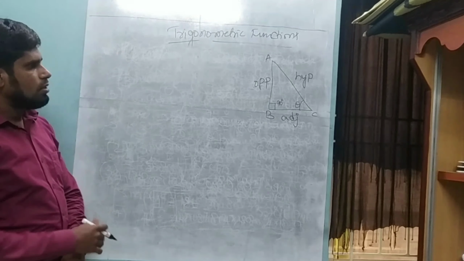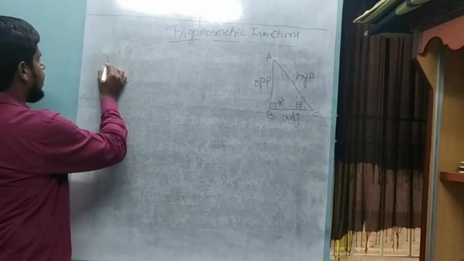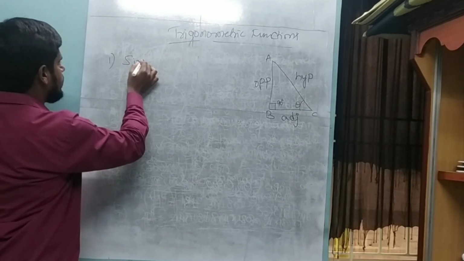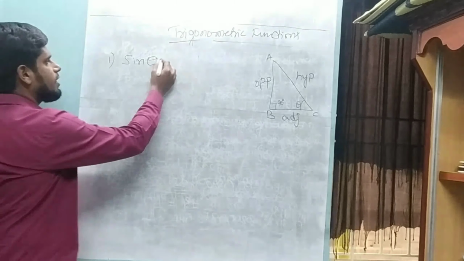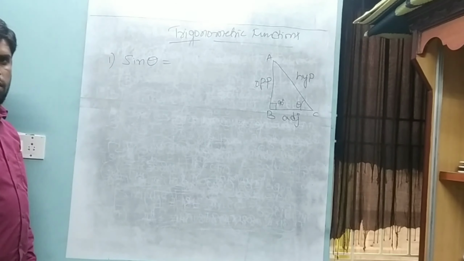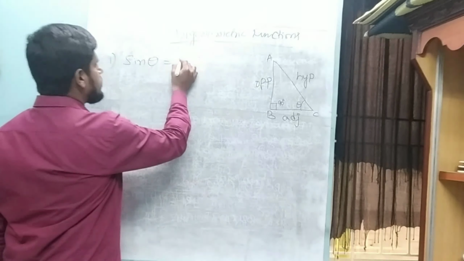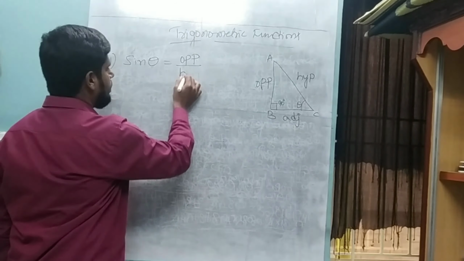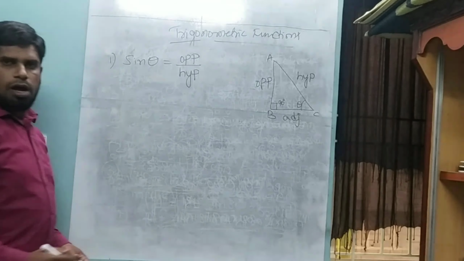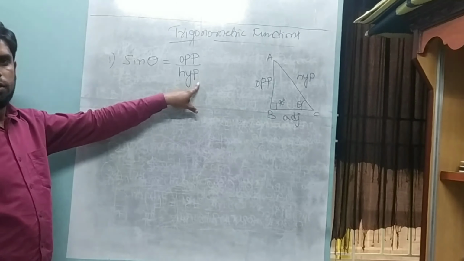So students, after studying this triangle, let us first define the sine function, that is sine theta, because theta is the angle I have taken here. What is sine theta? As we said, it is a ratio. The definition of sine theta is opposite side divided by hypotenuse, or in other words perpendicular divided by hypotenuse.